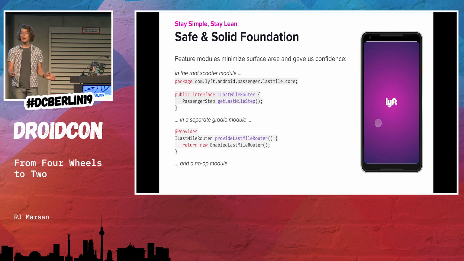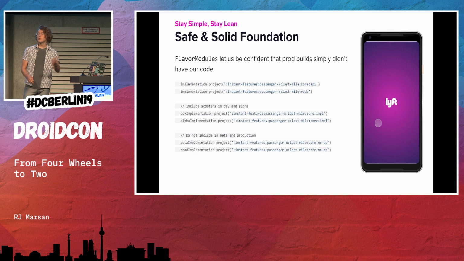And then we were very prepared to build a no-op module that had absolutely no implementation in it. And then the remaining module was our actual implementation. And we could do anything we wanted in there effectively and safely because we knew with some simple flavor modules work, it was simply stripped out of prod.